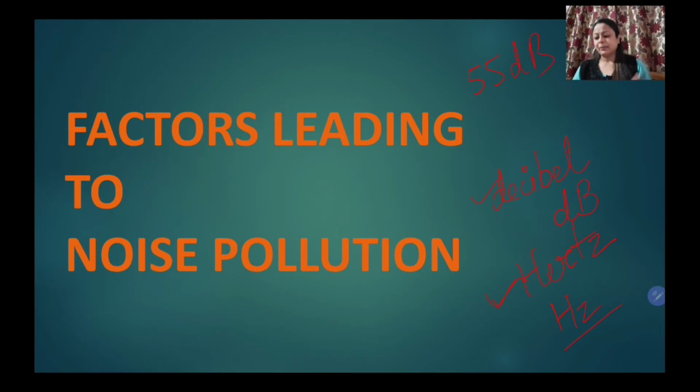If we are exposed to more than 55, up to 180 decibel, our ears are very sensitive, and if this continuously goes on, it becomes very irritating, and it is known as noise pollution.